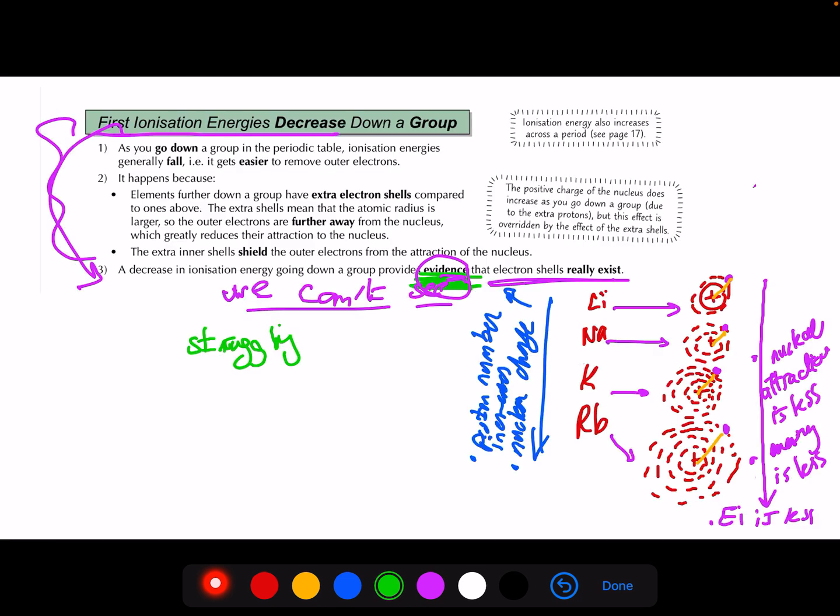Who would win? Nuclear charge is increasing, so attraction to the electron in the outermost layer is more. However, more shells are added, so the distance is more, so the attraction to this outermost electron should be less. Two factors competing against each other. Who would win?